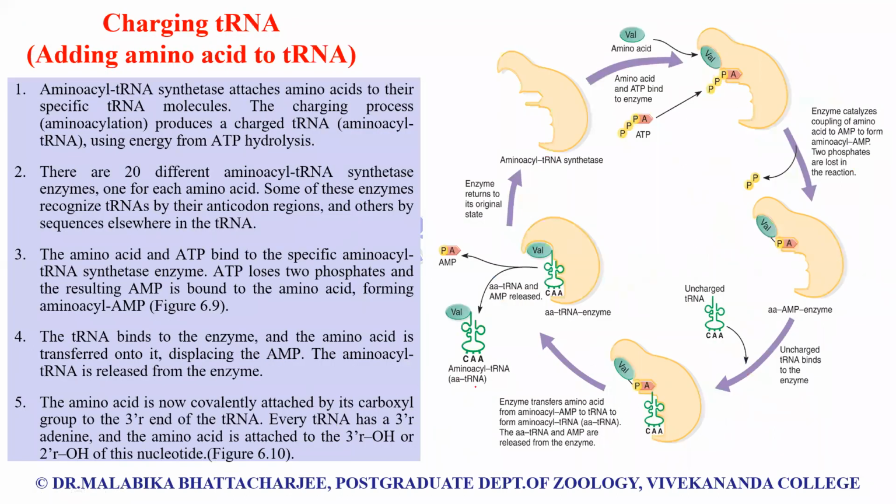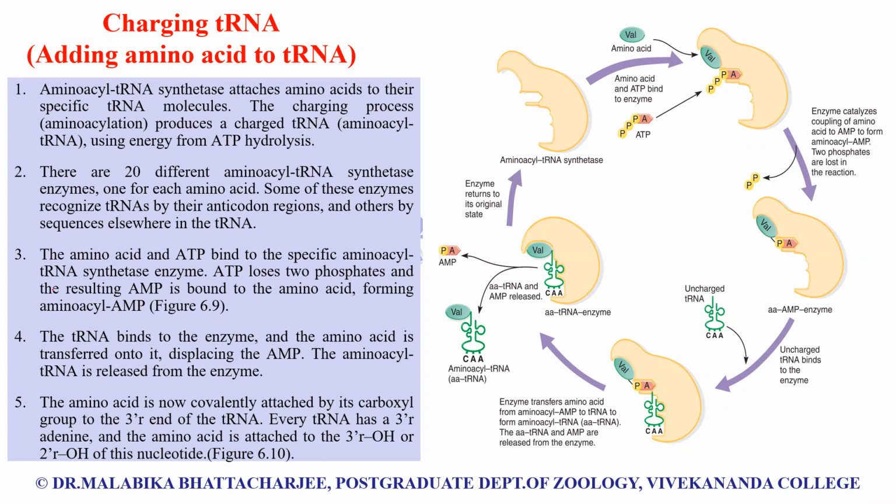Before going further into certain structural aspects of tRNA, I want to talk about this particular enzyme known as amino acid tRNA synthetase. This amino acid tRNA synthetase is an enzyme that attaches the amino acid to the 3' end of the tRNA. Now, in nature, as we had discussed on the first day of our genetic code class, there are 20 amino acids.